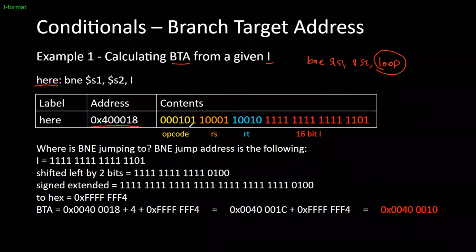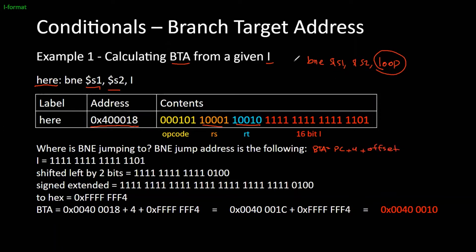So first of all, this opcode and RS and RT are representing S1 and S2. We already talked about that. We're not going to look at this in this slide. So we have our I value, that is this. And we had our formula: BTA is equal to PC plus 4 plus offset.